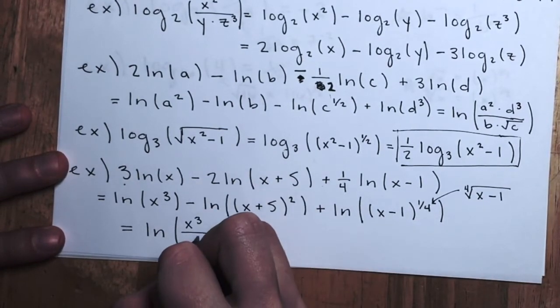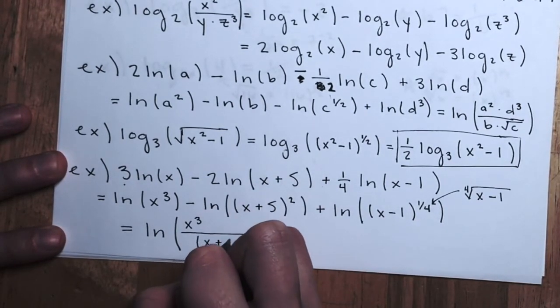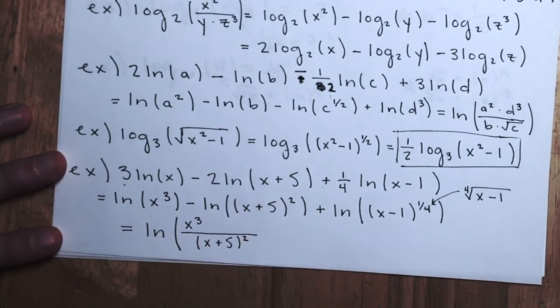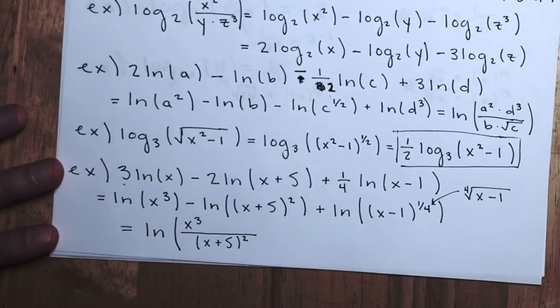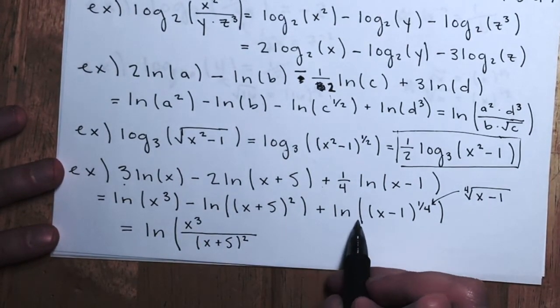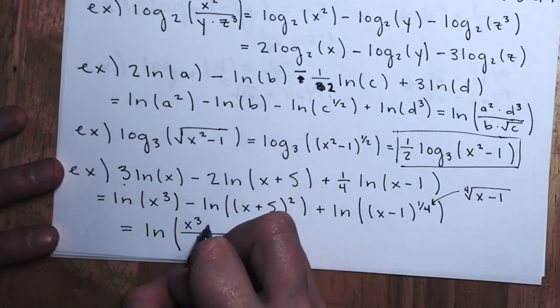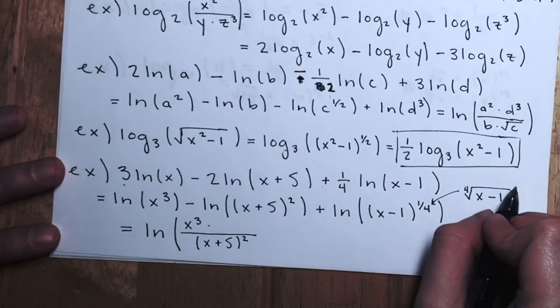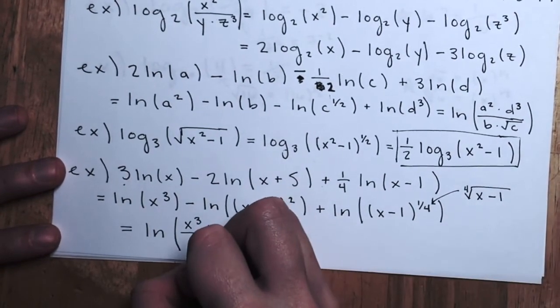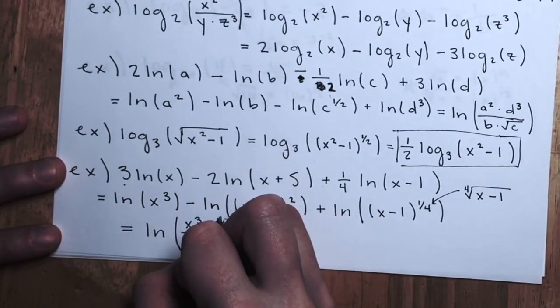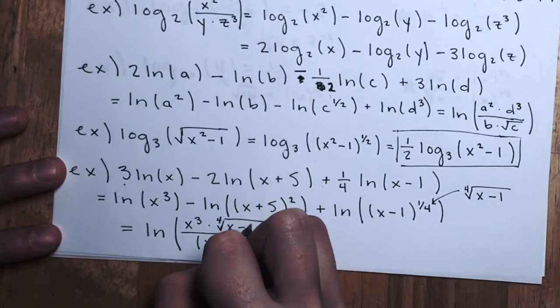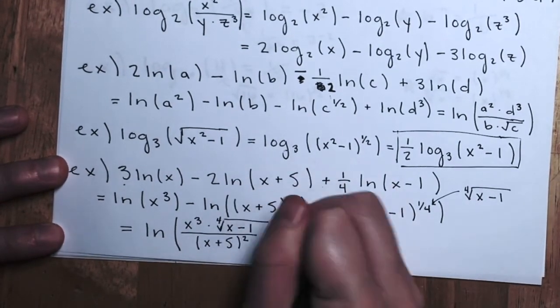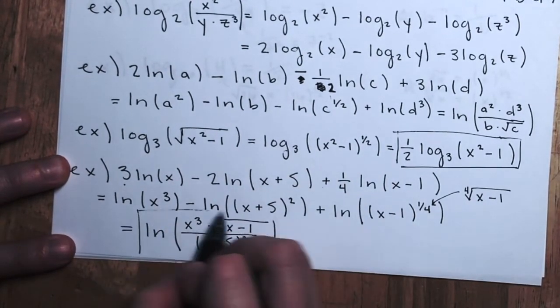So we've got everything that's in there, x plus 5 squared, underneath. And then this last one is positive, so we want to multiply on top. Remember we said that it's the fourth root, so we've got the fourth root of x minus 1 here. And this is the answer.